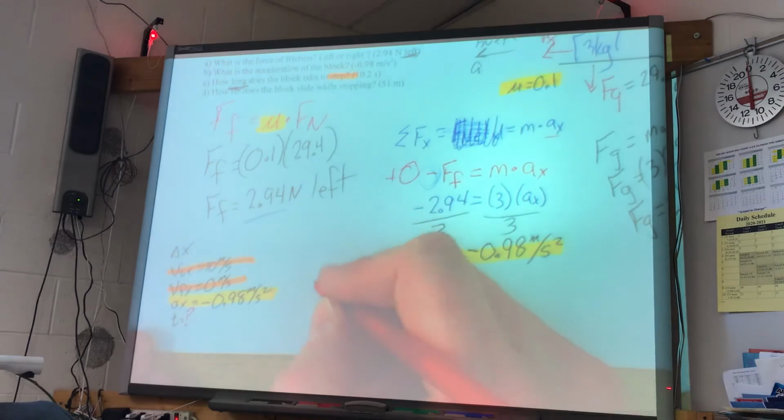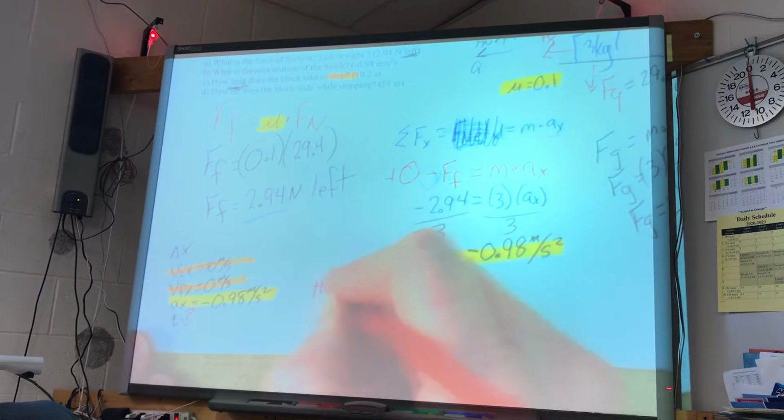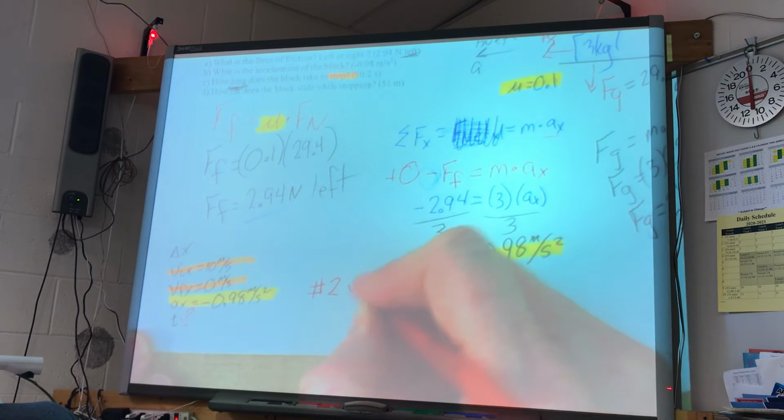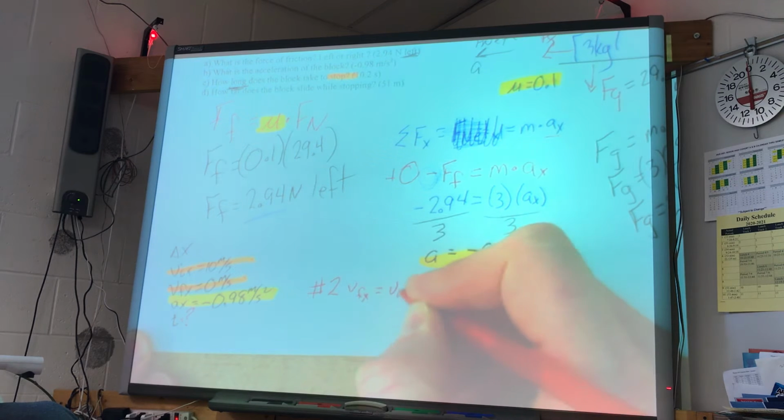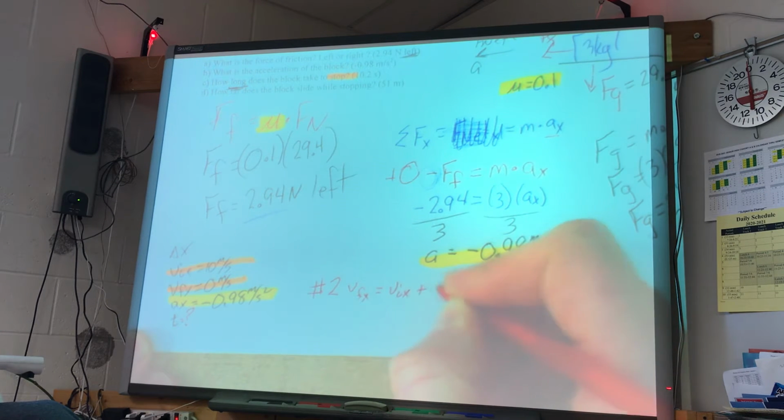So we'd have to pull out our equation sheet on Fab 5 problems. Number two, vfx is equal to vix plus ax times t.